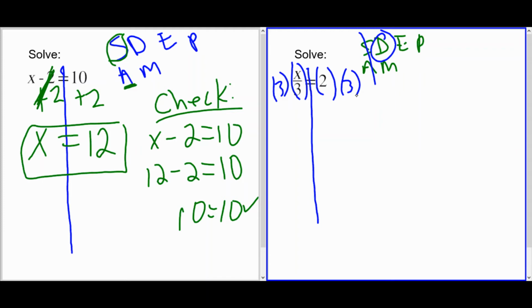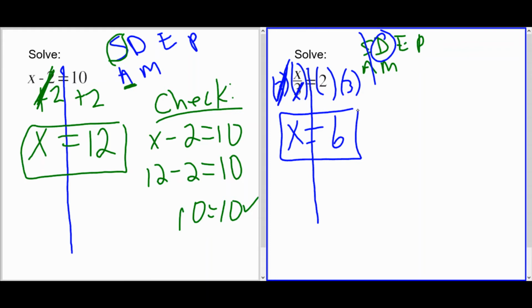So what that does, when you multiply by 3, it cancels this 3 and that 3 out. So now on this side, since my 3's went away, I have x all by itself, which is exactly what I wanted. But now I got to do 2 times 3, which is 6. So here my answer is x equals 6.